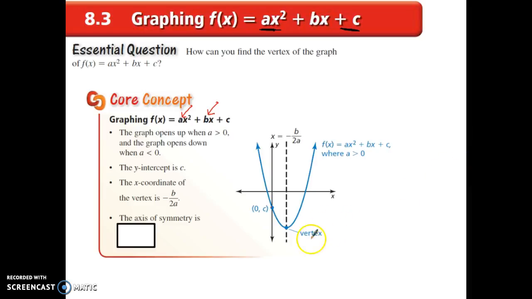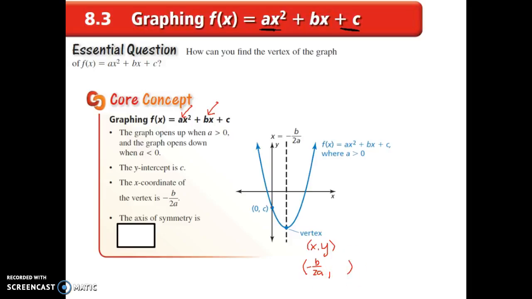So our vertex has the coordinates x, y. The x-coordinate can be found by simply plugging in values for negative b over 2 times a. And we can use that x-coordinate to then find out what the y-coordinate of our vertex is. So we would plug those values in to find y.